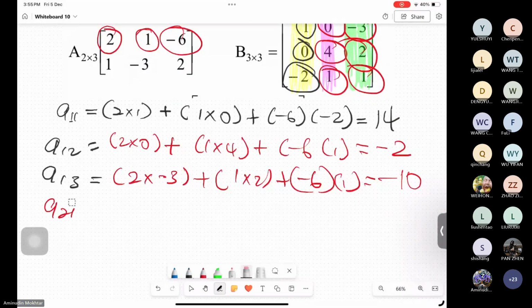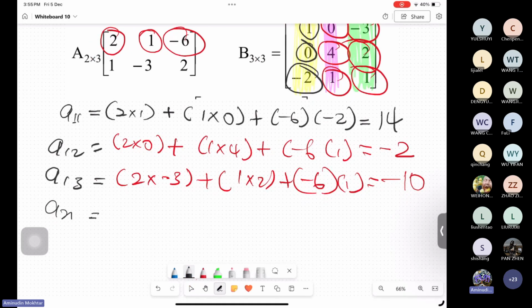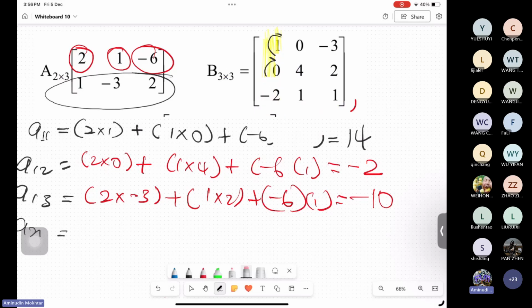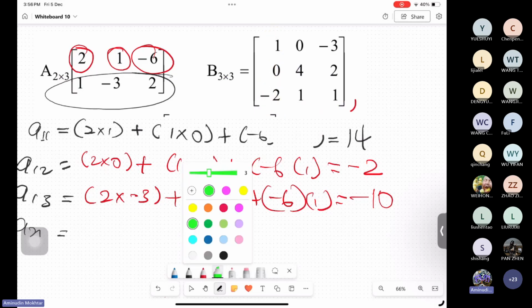A21: the first number is for A, the second number is for B. A21 refers to the second row of A, times the first column of B. Okay, what is the first column of B? This is the first column of B: negative 1, negative 2, 0, and negative 2.